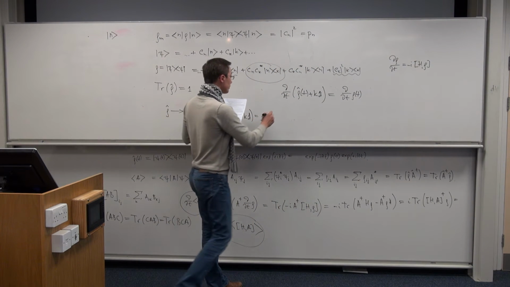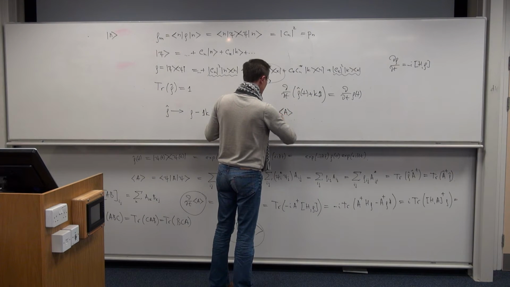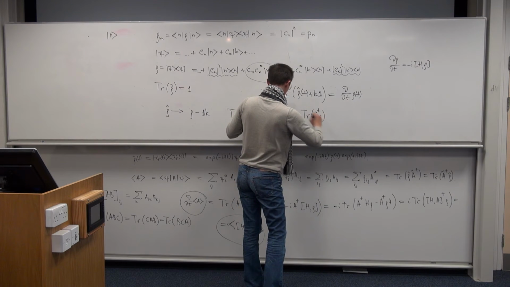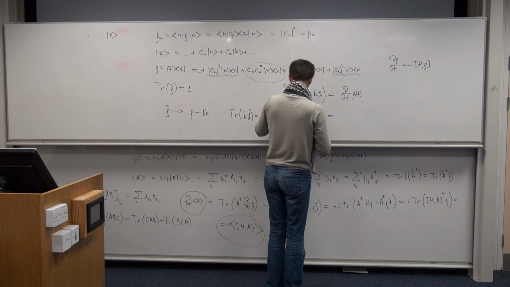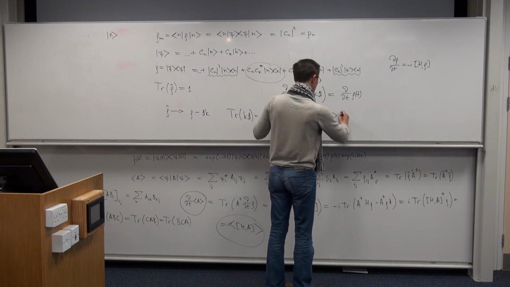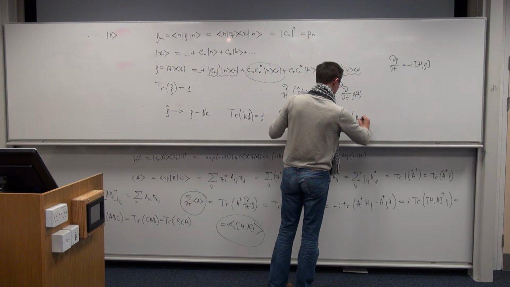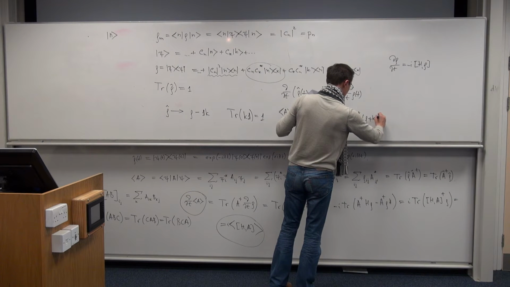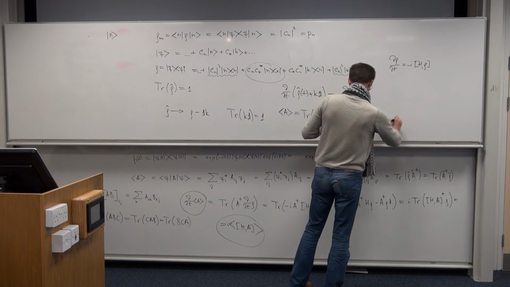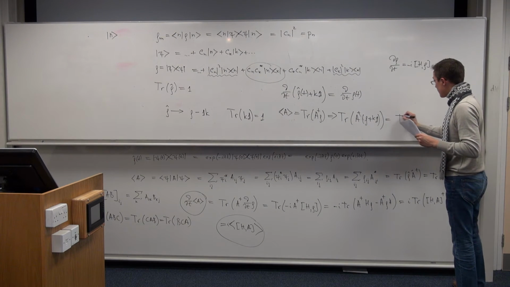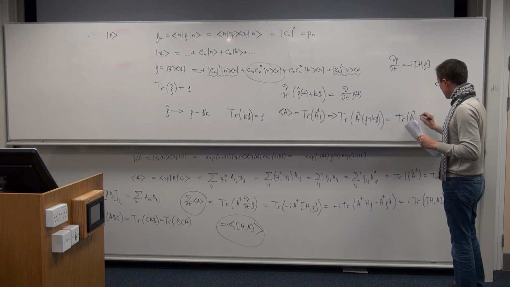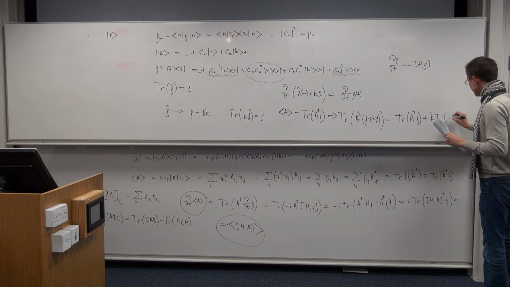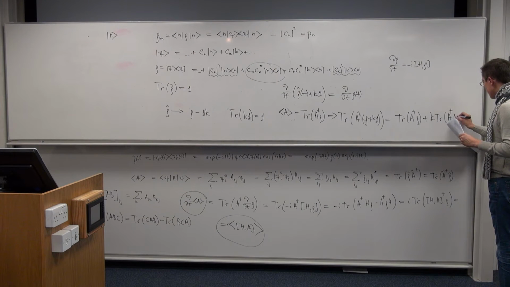And for the observables, if we have an operator A, the expectation is the trace of A Hermitian conjugate rho. If we add or subtract a little bit of the unit matrix, trace of A Hermitian conjugate times rho plus K times the unit matrix, is equal to, because trace is linear, trace of A Hermitian conjugate rho plus K trace of A times the unit matrix.